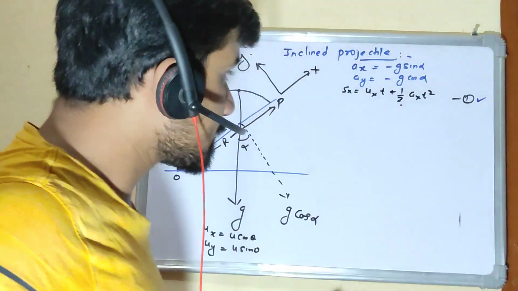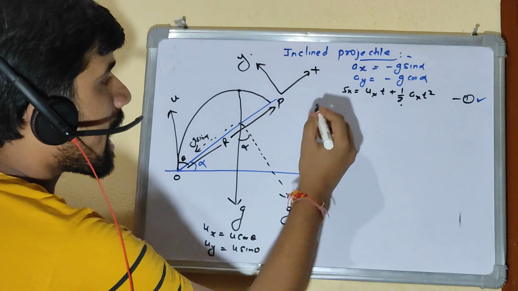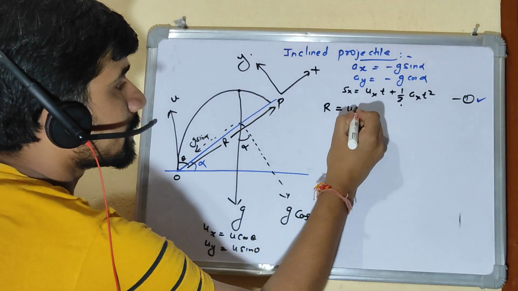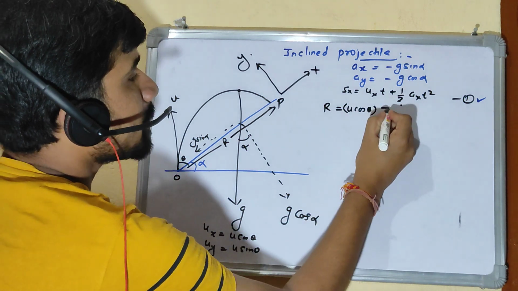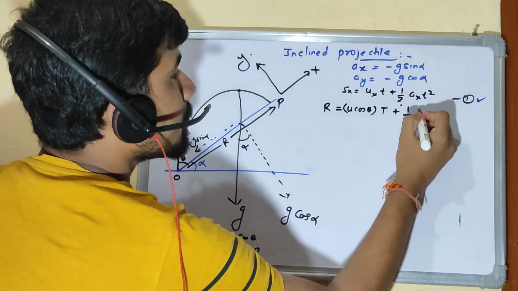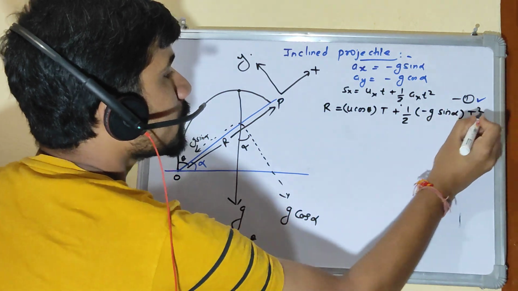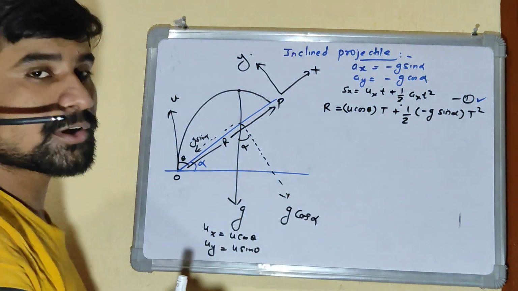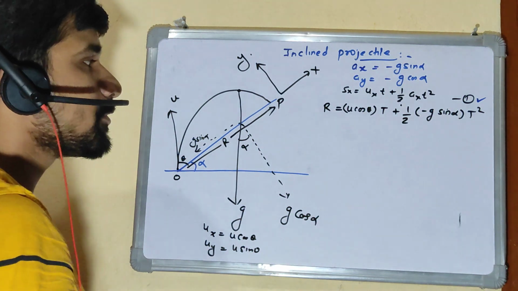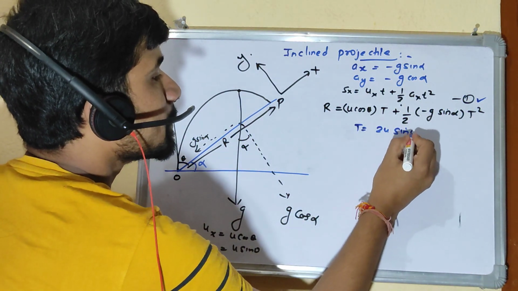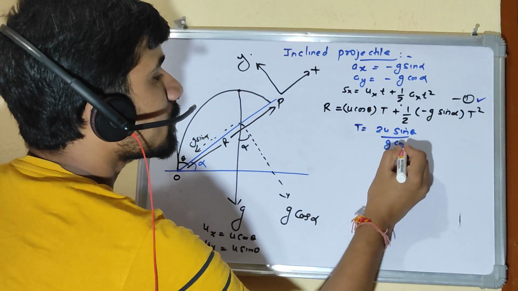So Sx, which is r now, will become ux, which is u cos theta, times t, my time of flight, plus half ax, which is minus g sine alpha, times time of flight square. We just calculated time of flight is 2u sine theta by g cos alpha.